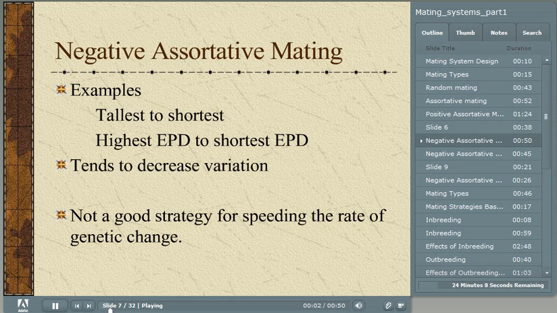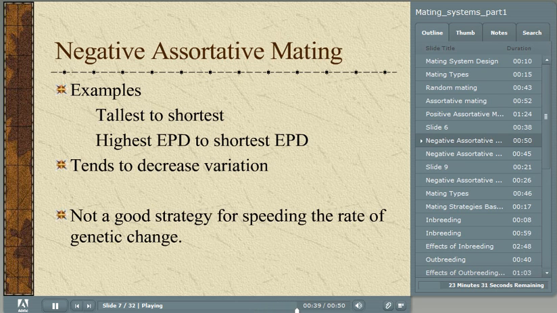Now with negative assortative mating, we're doing just the opposite. We're mating opposite extremes of individuals, trying to produce some intermediate optimum. We're taking the tallest animals and trying to moderate height in their progeny, so we mate those to the shortest females, tallest males to shortest females, or vice versa. In the same way with EPD, you may have some cattle in your herd that have a very high birth weight EPD and some calving issues, and so you mate those to other individuals that have a very low birth weight EPD, trying to moderate that in the progeny.